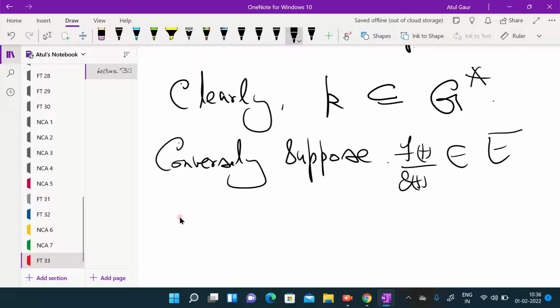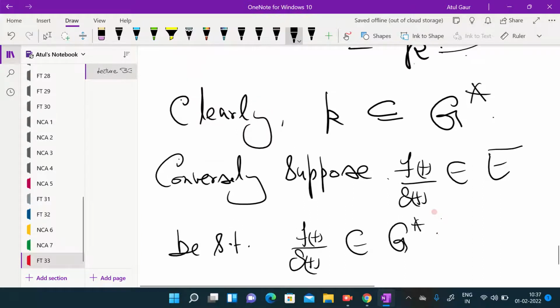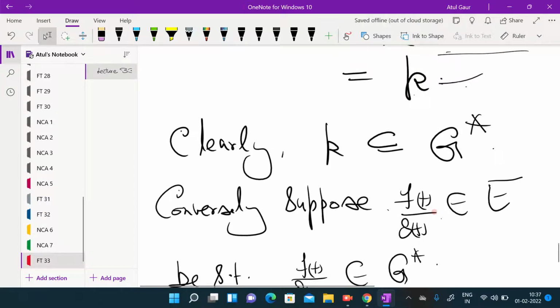This is in E, B says that it is in G star. All right. Now it is in G star. So what I want to conclude is that this will be in K.